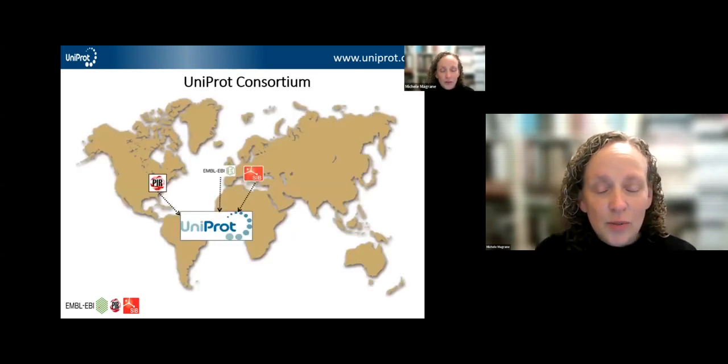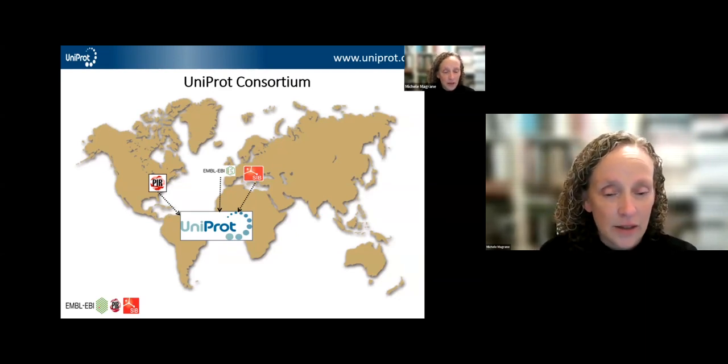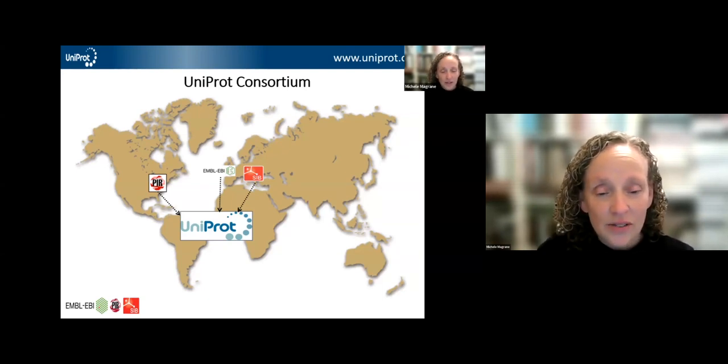The resource is produced by the UniProt consortium, which is made up of groups at EMBL-EBI in the UK, at the Swiss Institute of Bioinformatics in Geneva, and the Protein Information Resource at Georgetown University and the University of Delaware in the US. These three groups work closely together to maintain the resource.